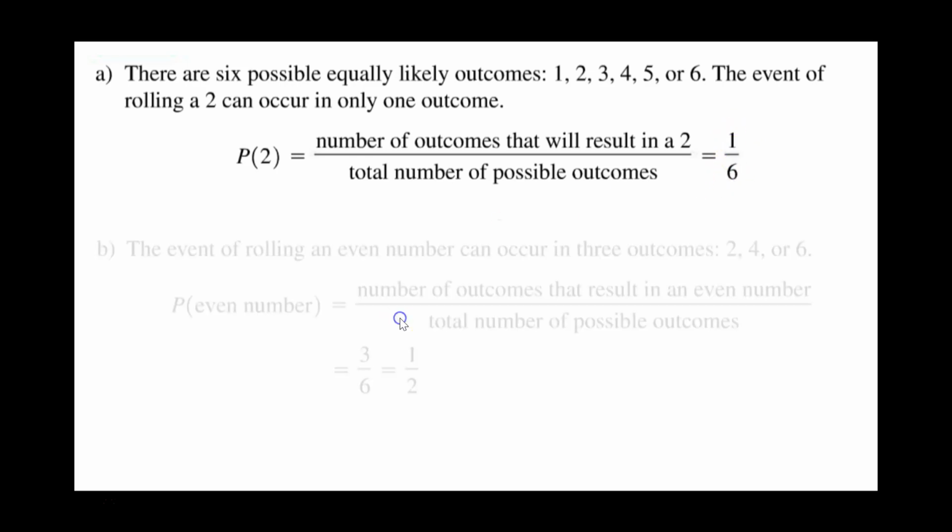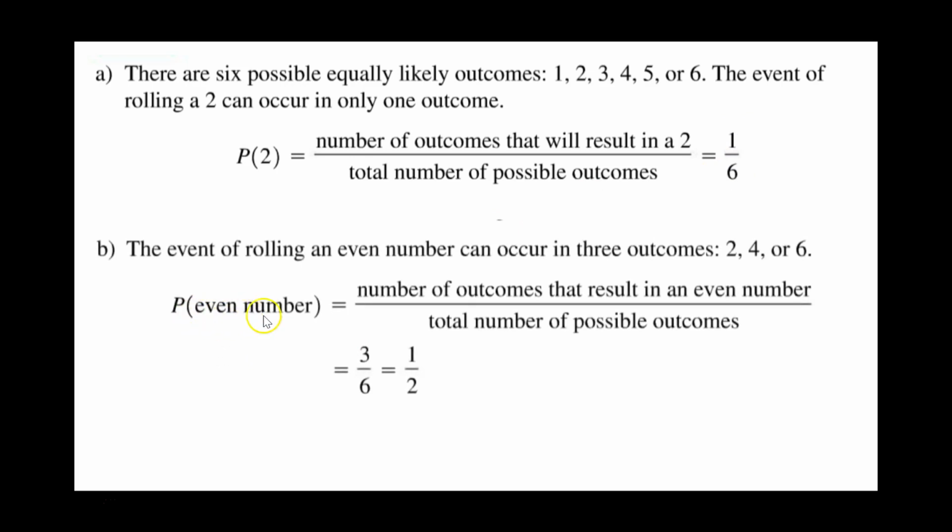So 1 over 6. What is the probability of rolling an even number? Well, how many even numbers are on a die? We have 2, 4, 6. If you get a die from a Monopoly game or something and look at it, there's a 2, there's a 4, and a 6. These are my even numbers. So there should be a 3 out of 6 chance of us getting an even number, which reduces down to 1/2.